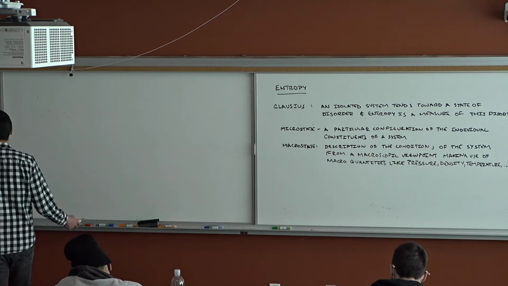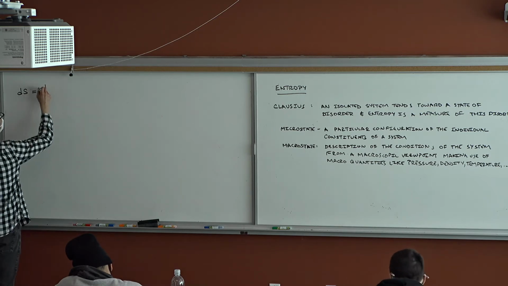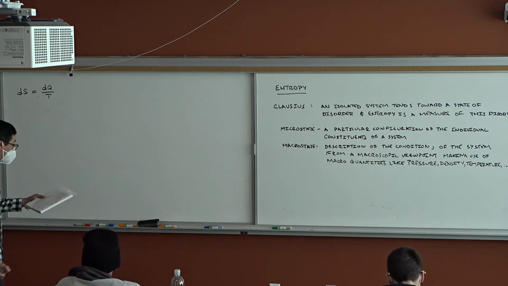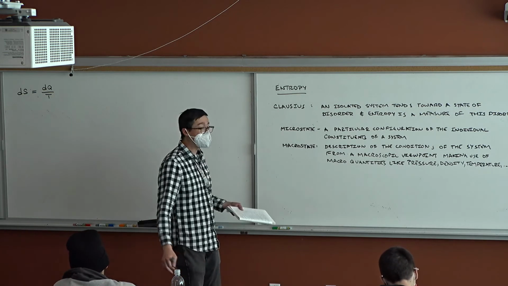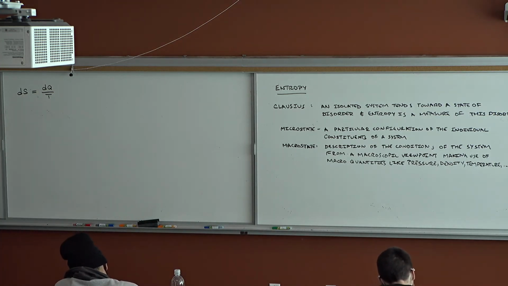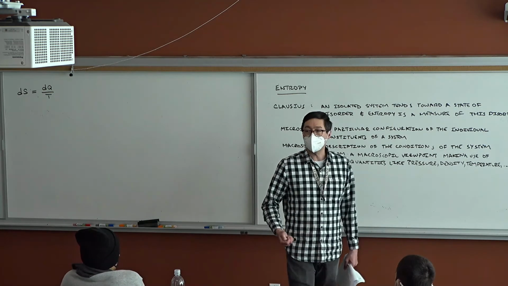So, as you've seen over the last week or so, dS can be written as dQ over T. And so, entropy is a state variable. And so, typically, regardless of the path you actually took to get there, we pretend it took a fully reversible path, because that makes it easier to calculate.